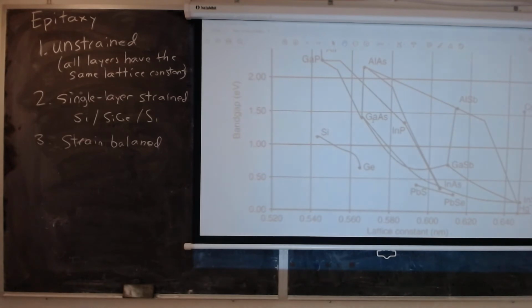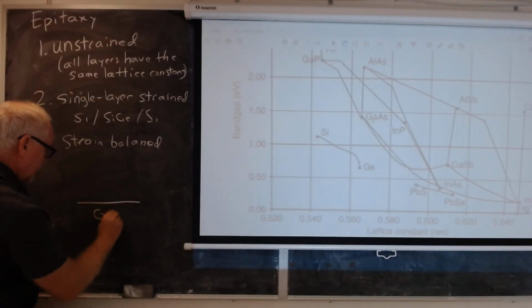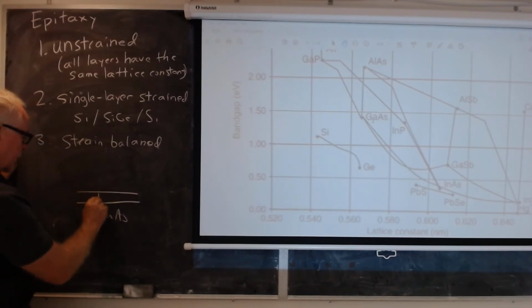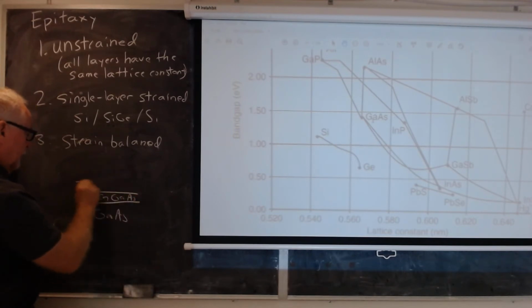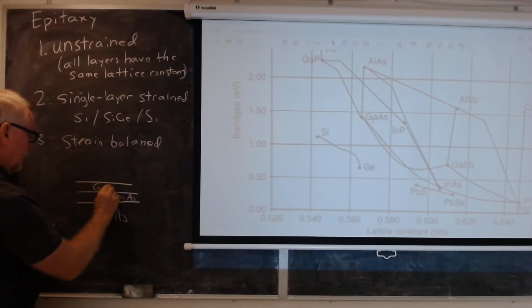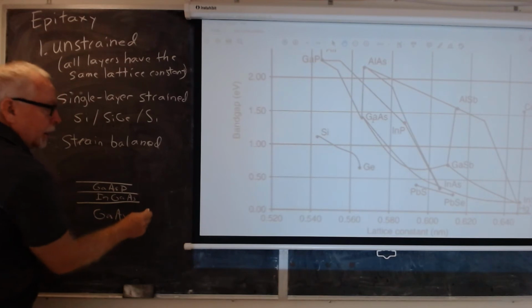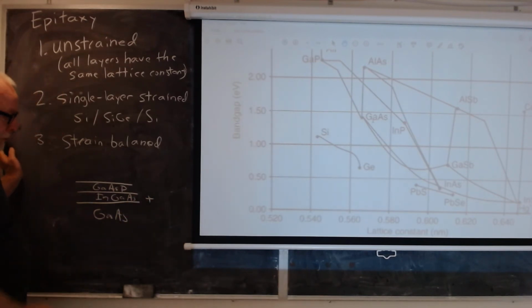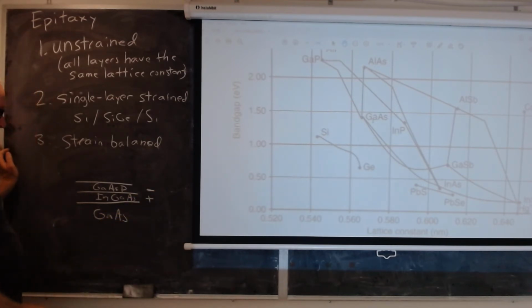So, you can grow strain balance, for example, where gallium arsenide is your substrate, and then you grow a layer of indium gallium arsenide, and then a layer of gallium arsenide phosphide. And this one has a larger lattice constant than gallium arsenide, and this one has a smaller lattice constant than gallium arsenide.